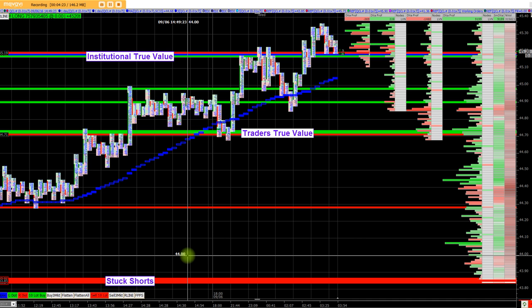They're lifting the offer. So the farther up a market goes, the more sellers you have, and the further down a market goes, the more buyers you have. And this is what fuels sharp, quick moves in the market.